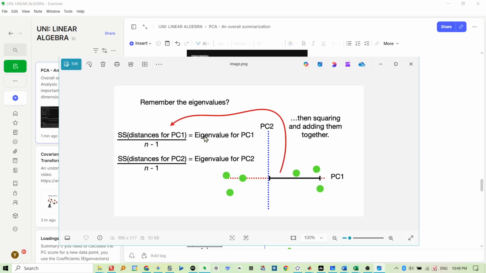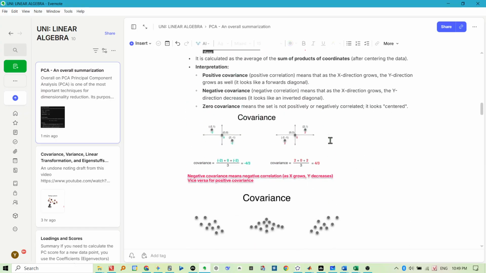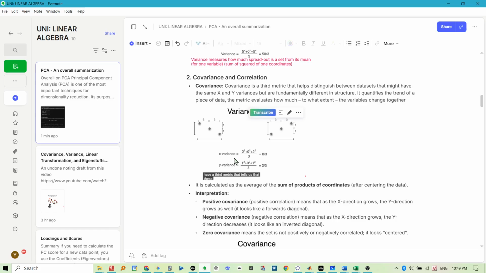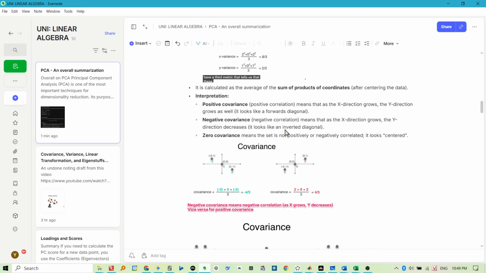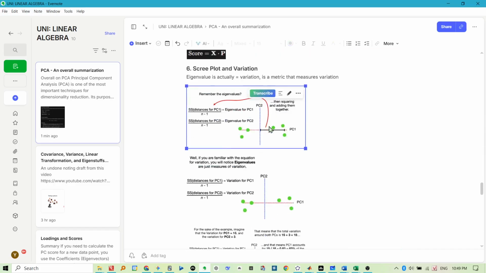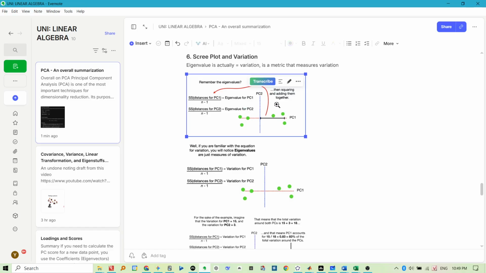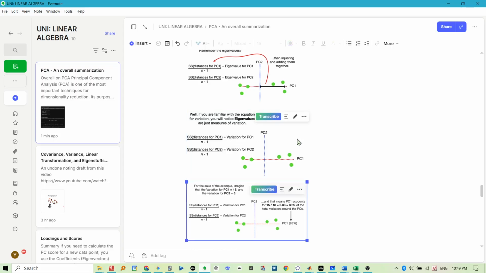So this is just like the formula to calculate variance. Don't you remember? Yeah, it's the same thing. So we can say that eigenvalue is the same as variation. Okay, read it for yourself.